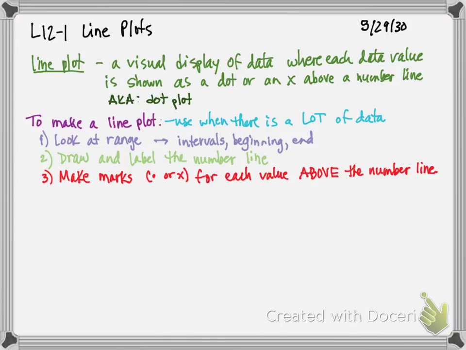Okay? And then when they ask you, as they have been all along, to analyze the data, describe the data, here's what you're going to focus in on. 3 things. First, you're going to tell about total number of responses.